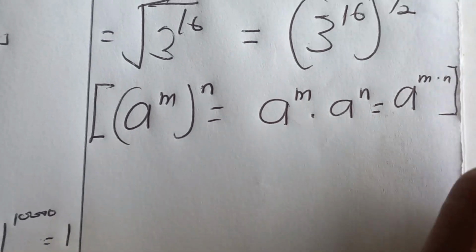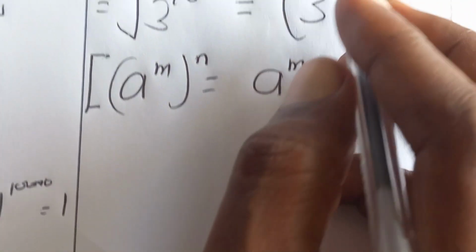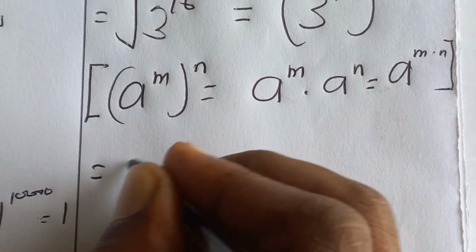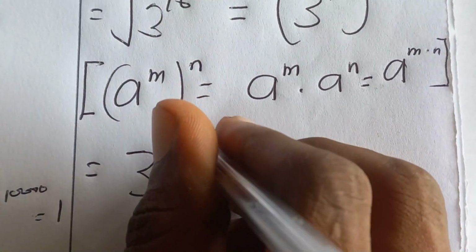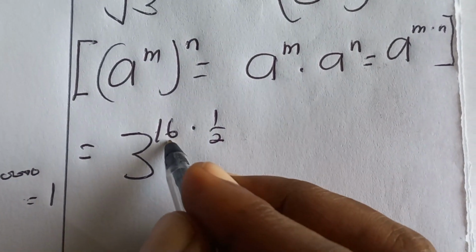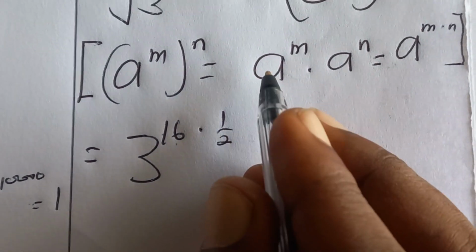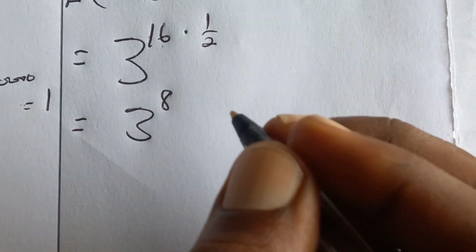So we are going to use this. So now this one is going to be 3 exponent 16 multiplied by half, and 16 multiplied by half is 8. So we are going to get 3 exponent 8.